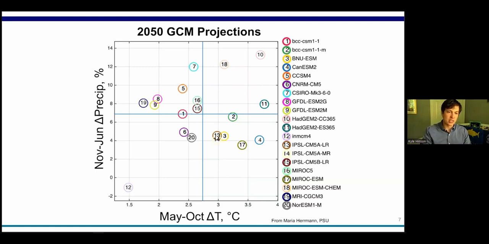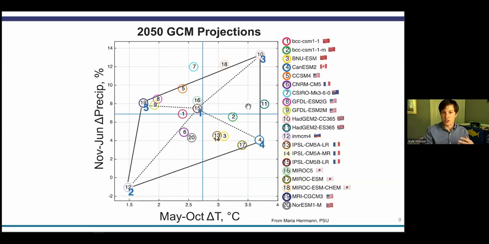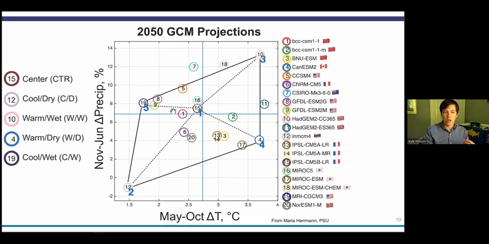And what's often done is perhaps selecting just a center model, maybe a cool center and warm, but what we do in this work is mathematically draw a kind of lasso around this distribution to get a set of 5 GCMs. One is the center of this distribution.